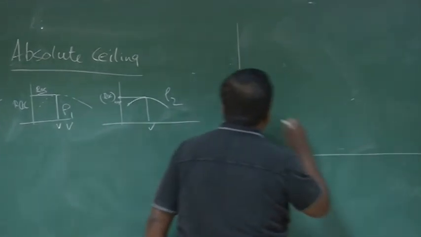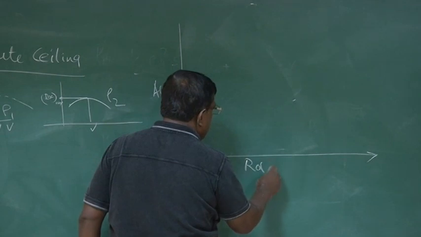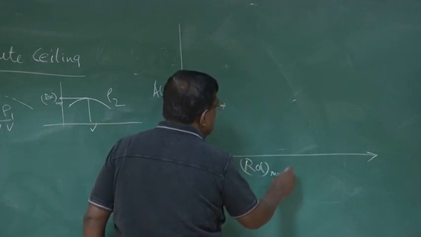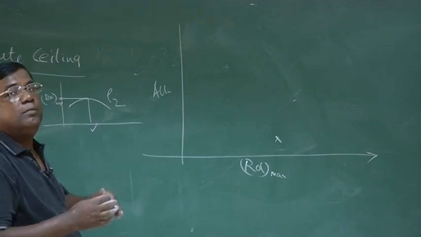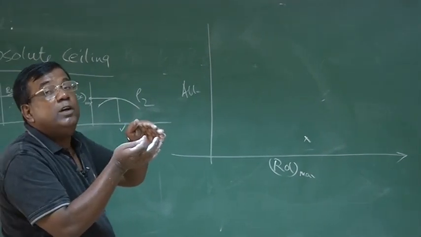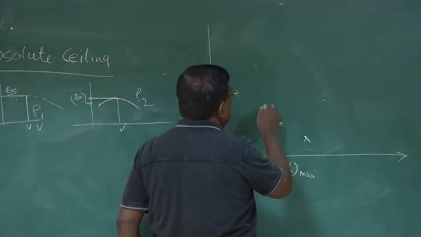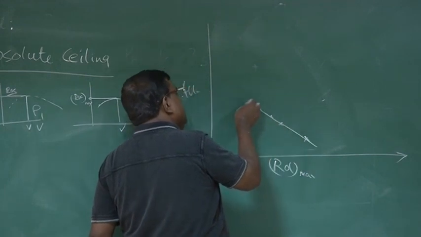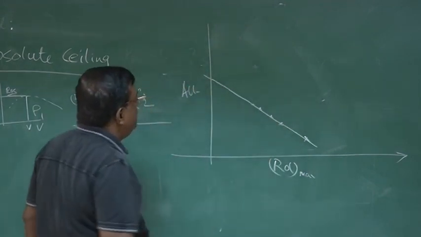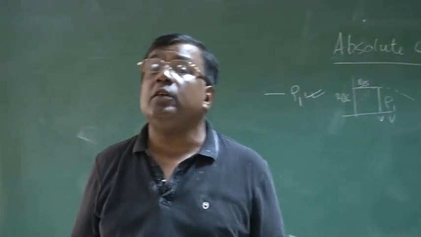I plot altitude versus rate of climb maximum. So you know that as the altitude is increasing, the rate of climb maximum will reduce because the excess power goes on reducing. So we'll get some points like this, and then just extrapolate this. You are not required to fly where the maximum rate of climb is 0.